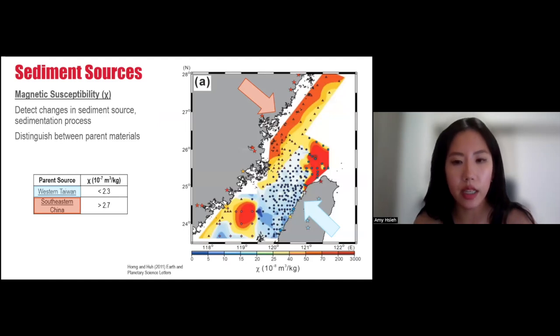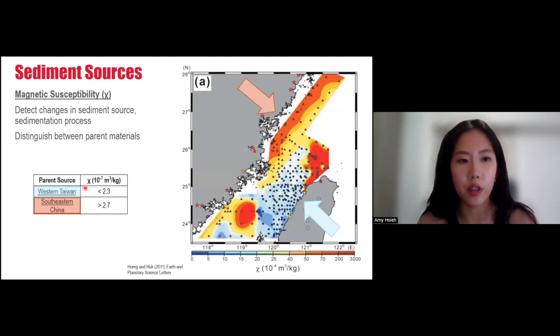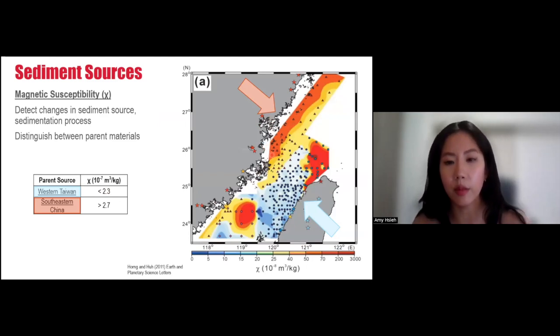In the modern day Taiwan Strait, samples sourced from Western Taiwan have magnetic susceptibility values that are much lower than sediments sourced from northeastern China. This indicates that sediment from Taiwan contains a much lower concentration of magnetic minerals compared to sediment derived from nearby Eurasia, and therefore can be used to differentiate between the two sources.